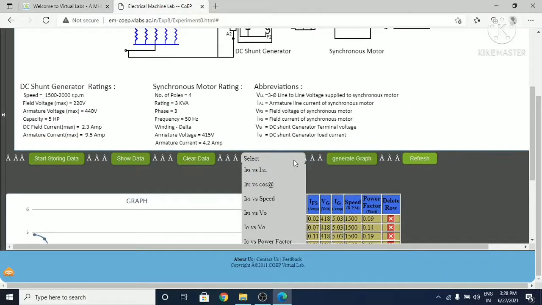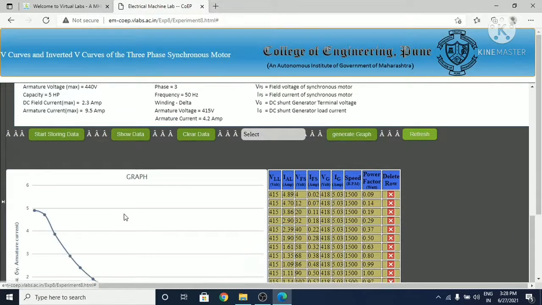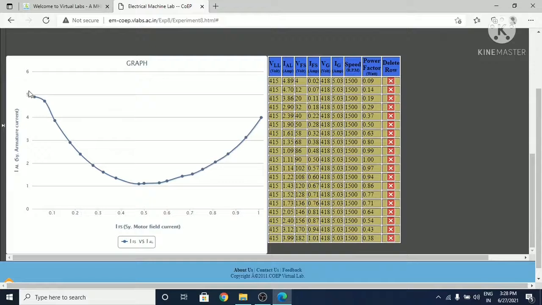I have already collected all the information, so I am just generating the graph between field current and armature current. Here it also shows the V curve, similar to the previous one. At first, up to unity power factor, the armature current is inversely proportional to the field current, and after the unity power factor, the armature current is directly proportional to the motor field current.